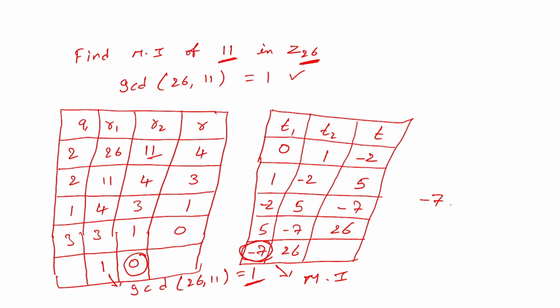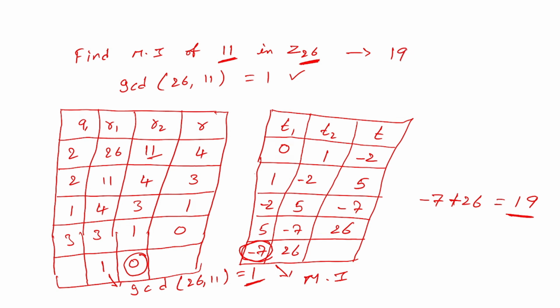So minus 7 plus 26 is equal to how much? 19. So minus 7 plus 26 is equal to 19. 19 is the multiplicative inverse of 11.